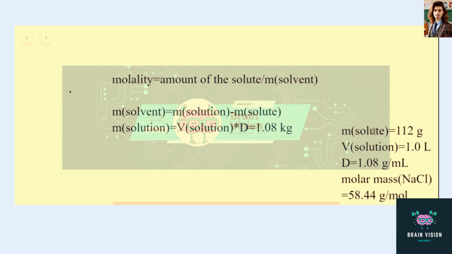And then the mass of the solvent is 1.08 kilograms minus 0.112 kilograms. I just converted grams into kilograms for an easier calculation. And then we get 0.968 kilograms of the solvent.